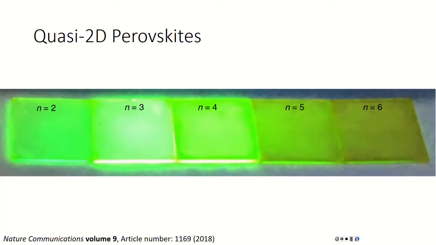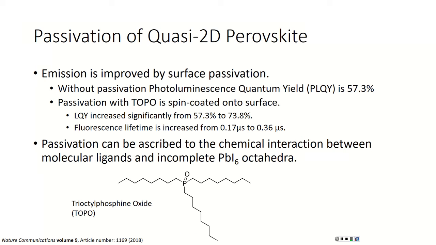Okay. Yeah, no problem. So they also found out that to be able to increase the photoluminescence yield, they did it by passivating the surface with an organic material. They refer to this as a small organic molecule, but I don't consider TOPO to be a small molecule because it's pretty big. It's a phosphate with basically 8 carbon chains around it.